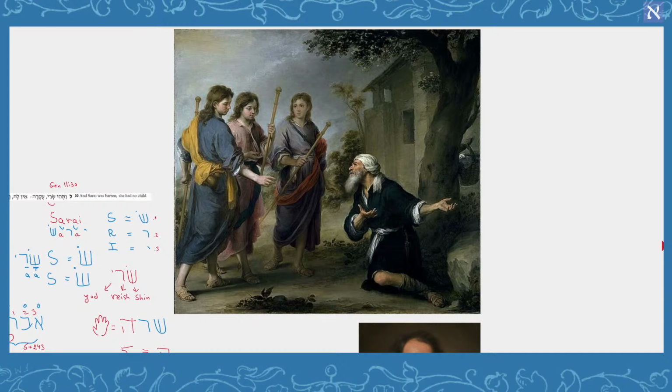In the painting, is he still Abram and she's Sarai, or is he Abraham? In the painting, he is already Abraham with the letter hey, after the circumcision, and her name is Sarah.